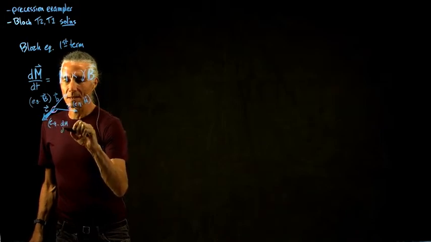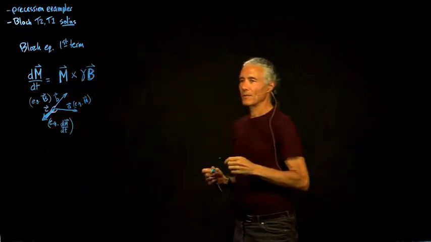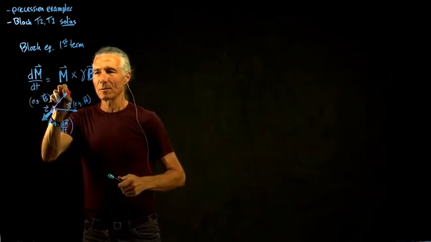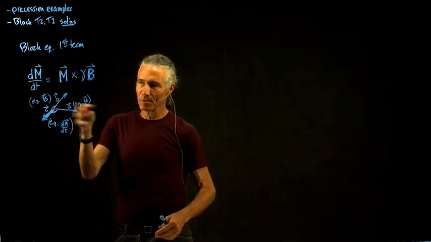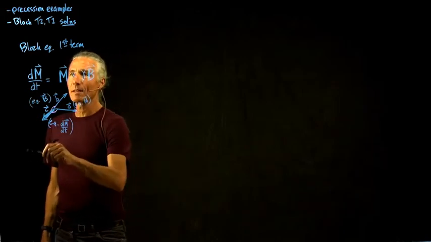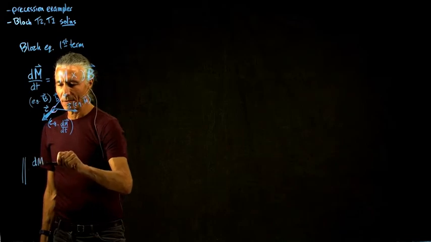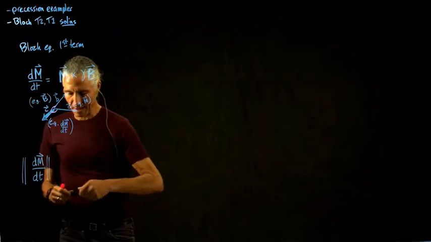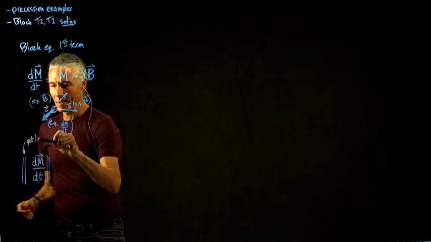For example, dM/dt. Last time we went through how you do the multiplication. One thing we found out about the cross product, which we're going to use today, is about the length of the cross product, so here's the dM/dt vector, and that notation means get the length.